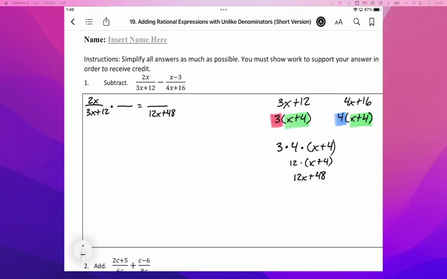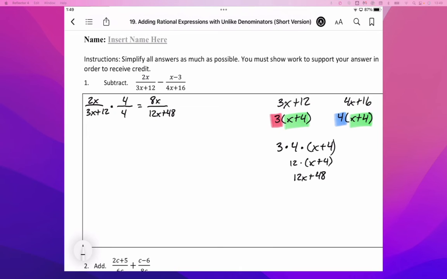Because that's our common denominator. And so it looks like 3x times 4 is 12x, and 12 times 4 is 48, so we would multiply by 4. If we multiply by 4 in the denominator, we got to multiply by 4 in the numerator. That gives us a new fraction of 8x over 12x plus 48.